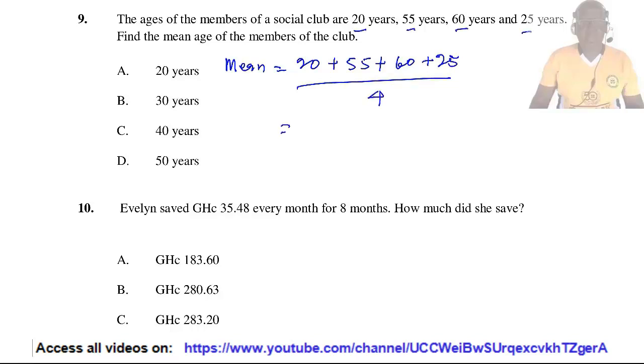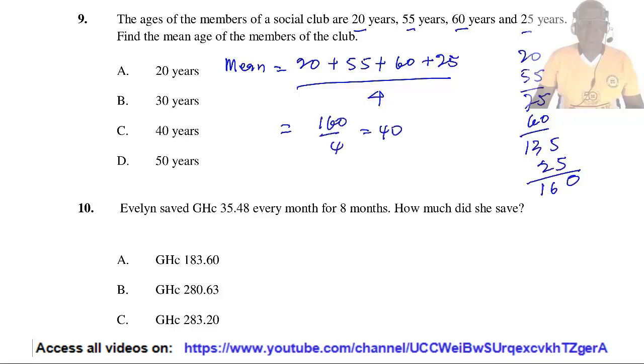So let's add up: 20 plus 55, we shall get 75, plus 60, that's 135, plus 25, that's 160. So 160 divided by 4, which equals 40. So the answer is 40 years, which equals C.